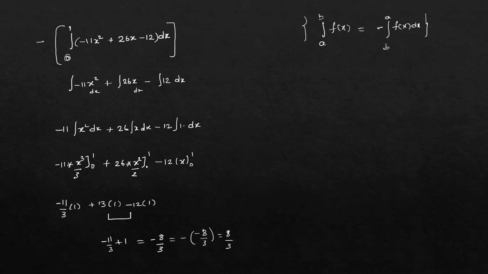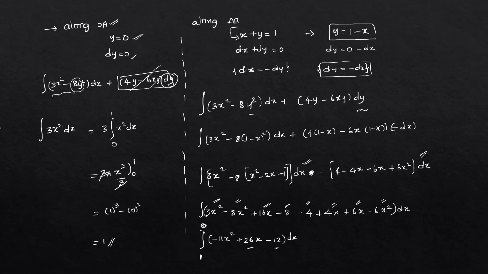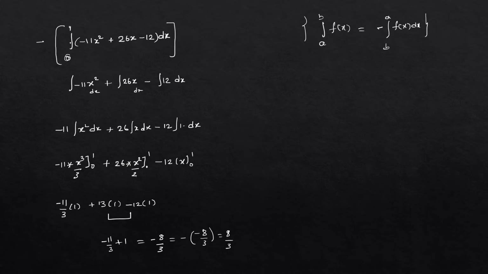Anyway you will be getting the same answer. See here the limits are varying from 1 to 0, but we mistakenly wrote 0 to 1. The limits are the same, 0 and 1, but we have changed the order. So we have to put the minus symbol for the entire thing. So the answer here is 8 by 3.